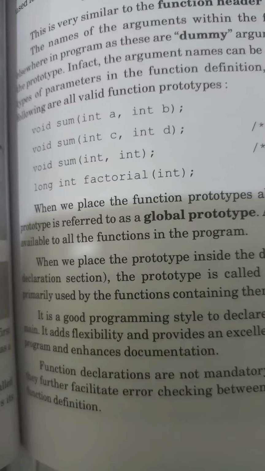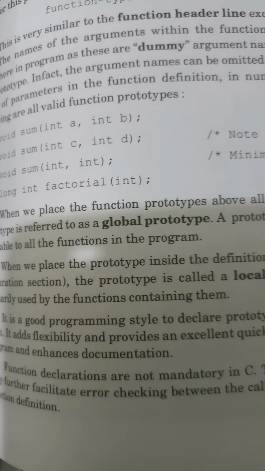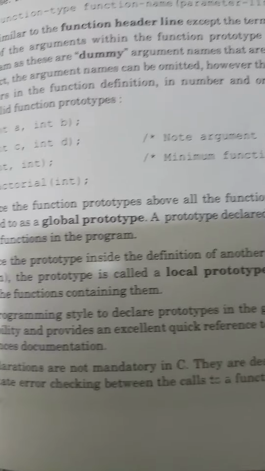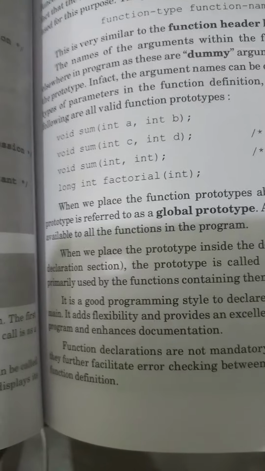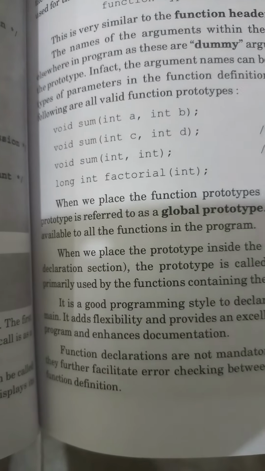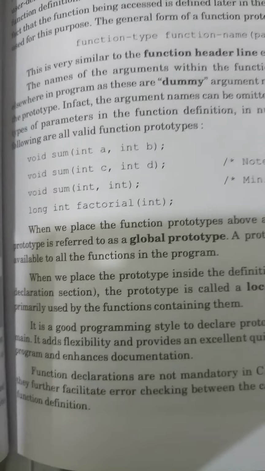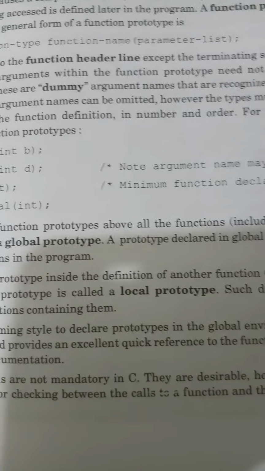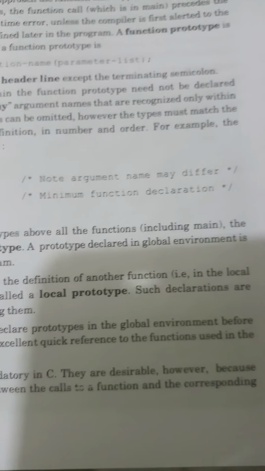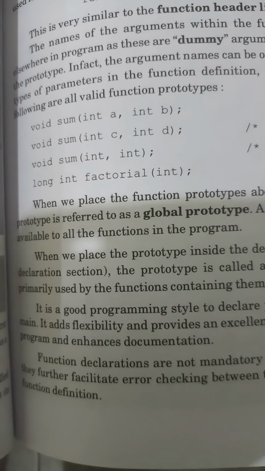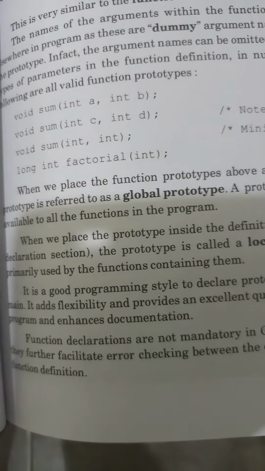Such declarations are primarily used by the functions containing them. It is good programming style to declare prototypes in the global environment before main. It adds flexibility, provides an excellent quick reference to the functions used in the program, and enhances documentation.